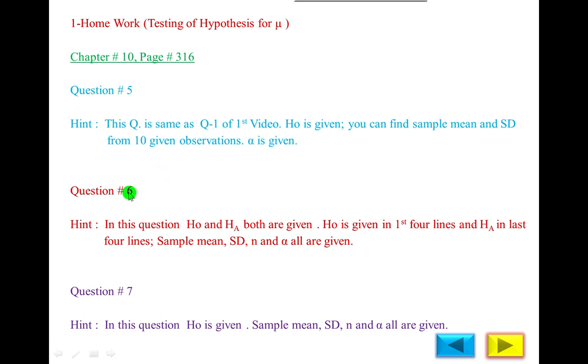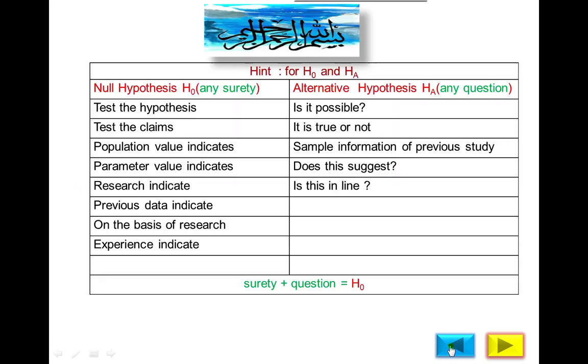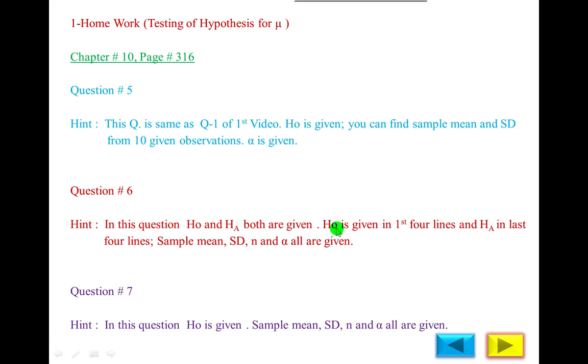And question number 6 of the same page, in this question H0 and HA, null and alternate, both are given. So you can decide according to the statement. H0 is given in the first 4 lines. In this question you have 8 or 9 lines. In the first 4 lines, research indicates the null hypothesis.